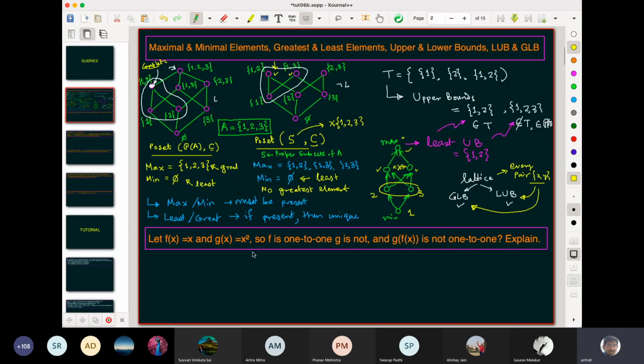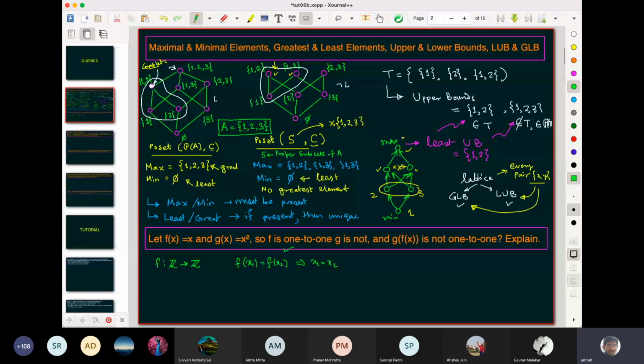Okay, this one I didn't understand, the second question, to be very honest, because you have already answered this one, right? Obviously these two functions are from the set Z to Z. So obviously f is 1 to 1, because if f(x1) equals f(x2), obviously x1 equals x2.